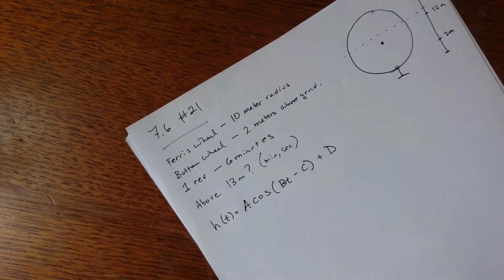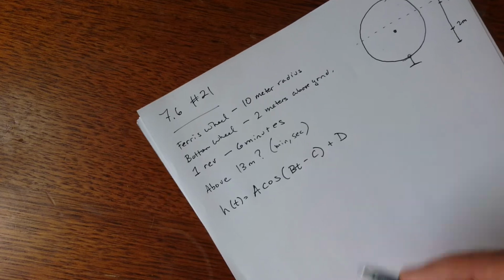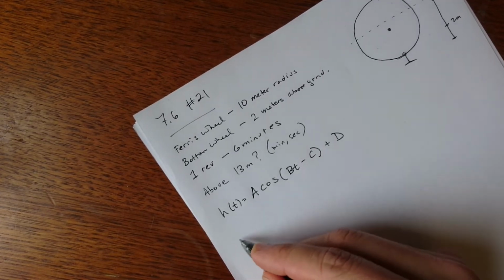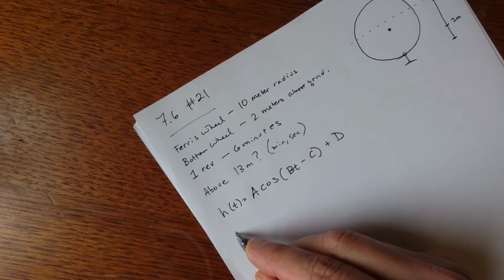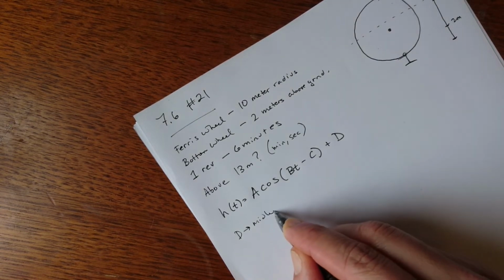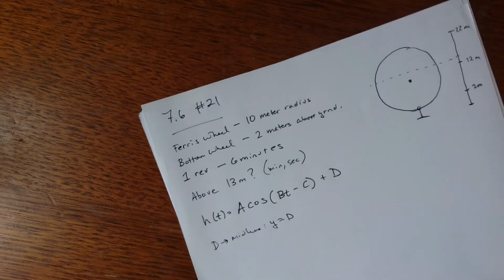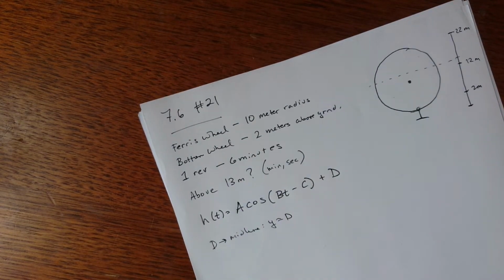So let's go through the constants. I'm going to start with d. A and d are usually pretty easy to get. Remember, d is related to our midline. In this sense, the midline is y equals d. In other words, d is the value halfway between the maximum and the minimum value that our function is going to take on.